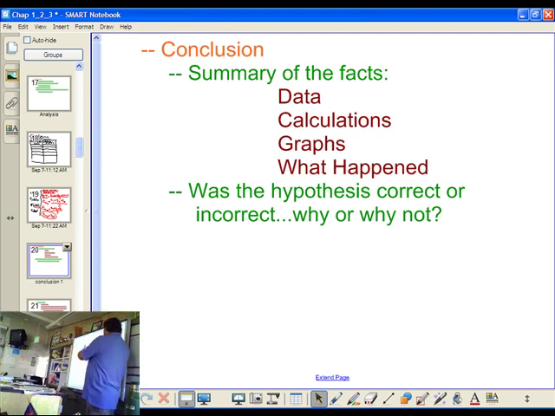The hypothesis was inconclusive means you couldn't tell whether it was correct or incorrect. But again, you have to explain why it was inconclusive. It's not so much that it was correct or incorrect. The most important part is why or why not. This may take several sentences. You might have to talk about the graph and show which graph. Anyone need more time for this?